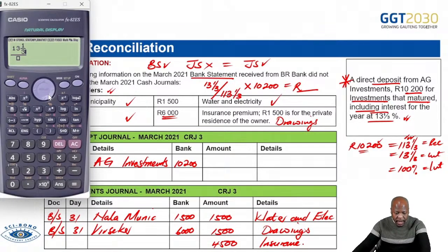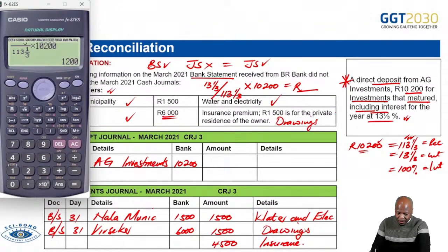And then we're dividing that by 113 and a third. And then we're multiplying all of this by 10,200. And then that will give you your 1,200.